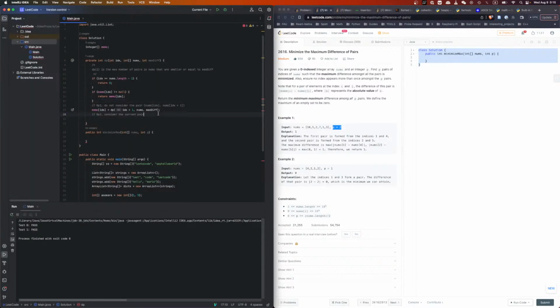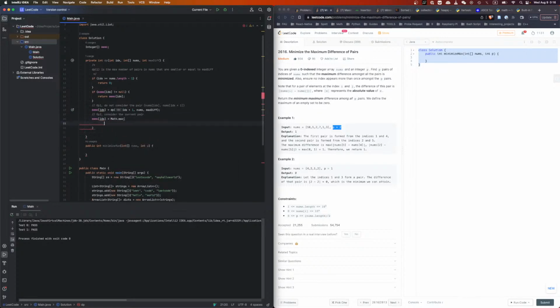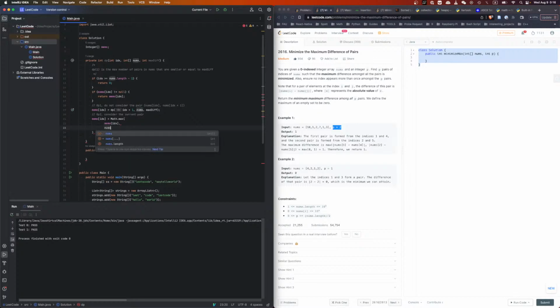I hate it. Alright, so we consider the current pair. Then we shall say memo[index] shall equal Math.max of memo[index], right? And then it shall be nums[index] minus nums[index + 1], and this, I hope, has abs.